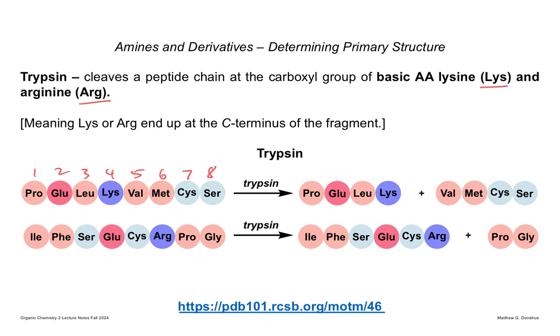Once it hits 4, it's going to cleave between 4 and 5. And so now you have 2 fragments, each with 4 amino acids. In a different example, using arginine, this will cleave between 6 and 7.